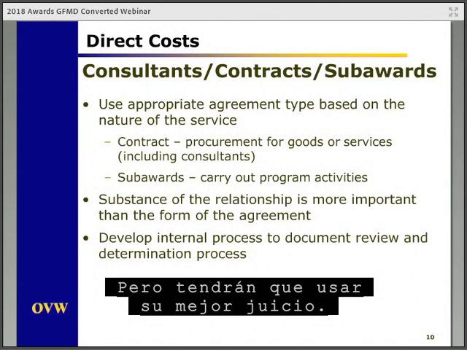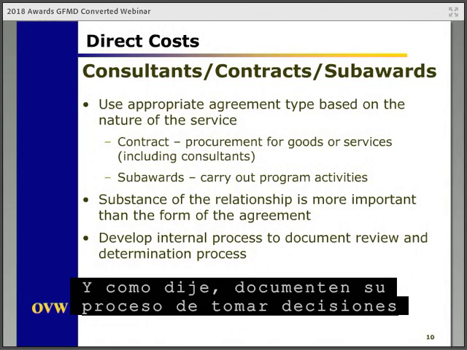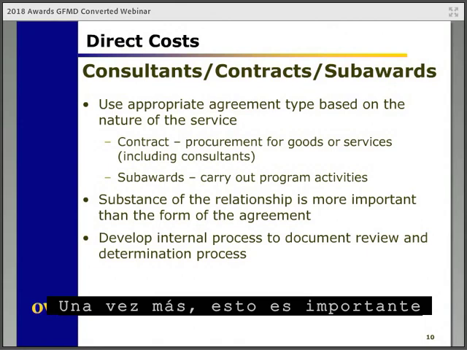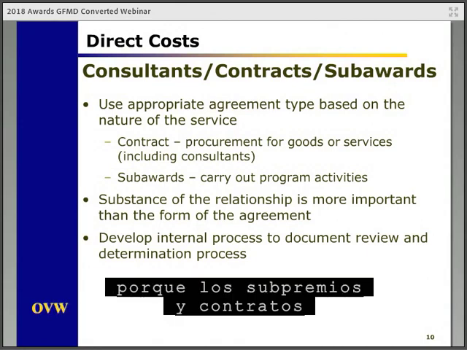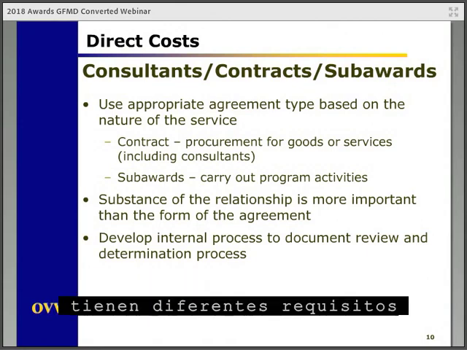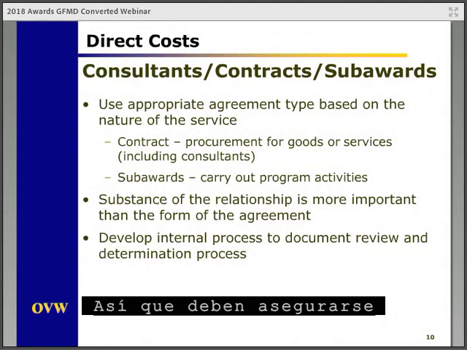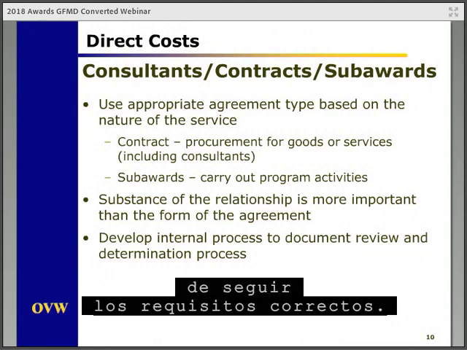But you'll have to use your best judgment. And like I said, document your decision-making process and maintain it internally on file. Again, this is important because subawards and contracts each carry different requirements that you'll need to follow if you're awarded. So you want to make sure you're following the right requirements.